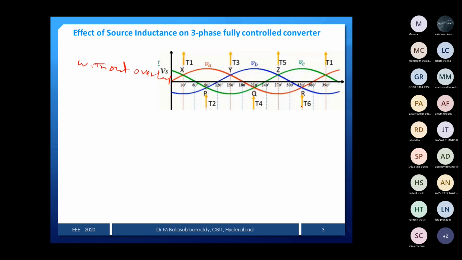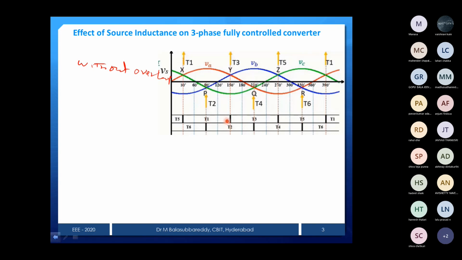Now under this instant, we can see the sequence is very clear, without considering the source inductance. In that, you can see the device conductions. Suppose we start at this point, what is the sequence? Let it be 5, 6.